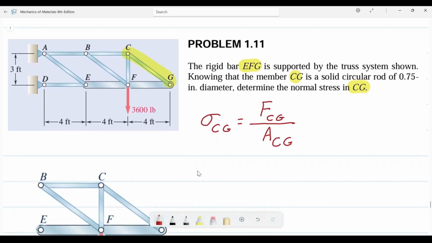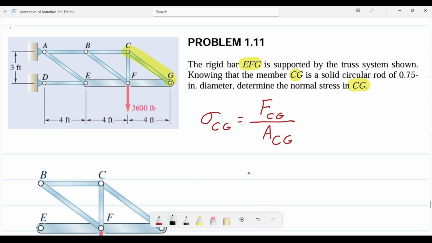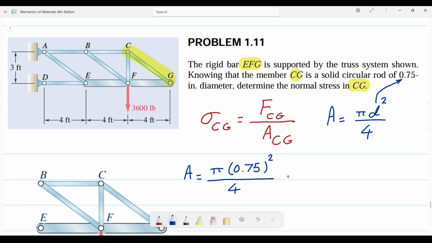And also we know that the area is equal to pi d squared divided by 4, and d is equal to 0.75, which means A equals pi multiplied by 0.75 squared divided by 4, and it's approximately equal to 0.44179 square inch.